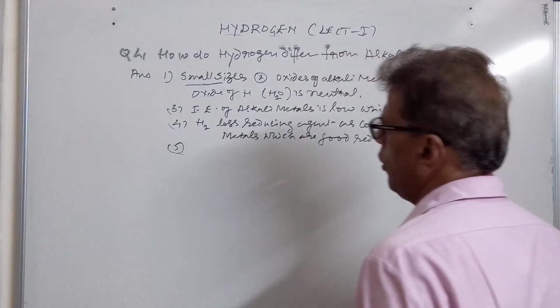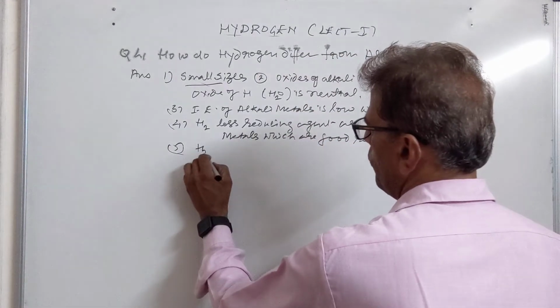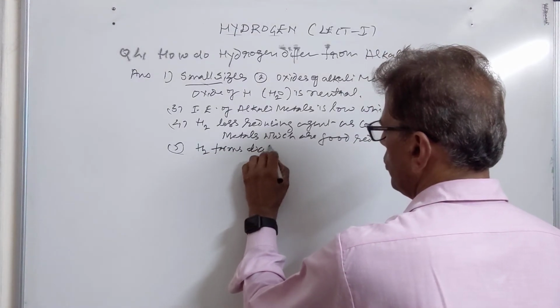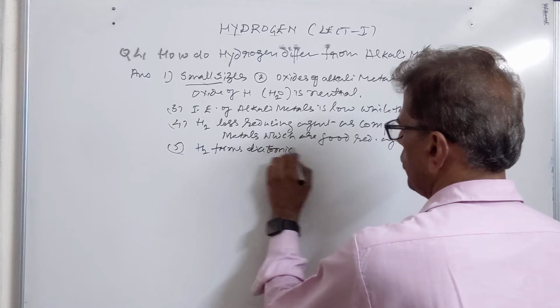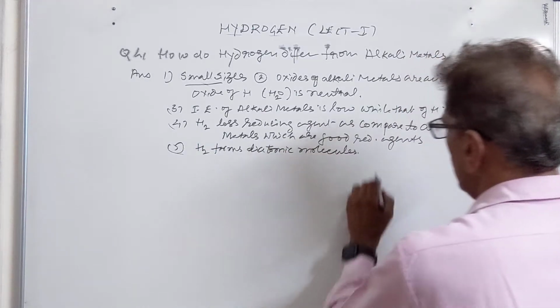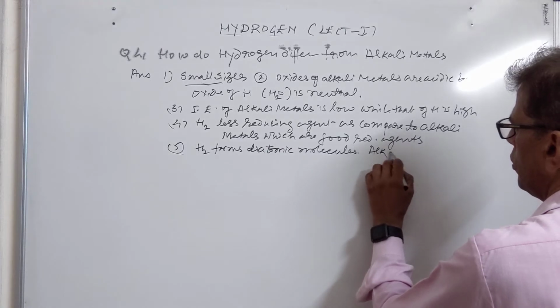Then bond energy: hydrogen forms diatomic molecules. Alkali metals do not.